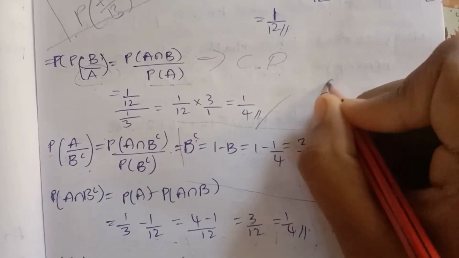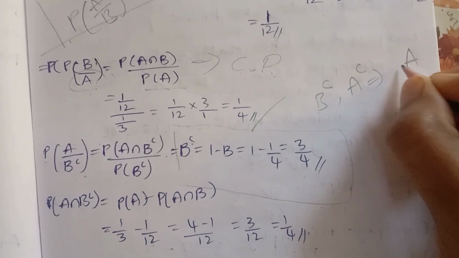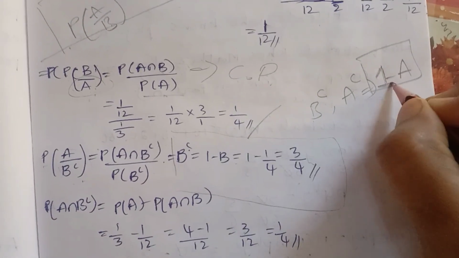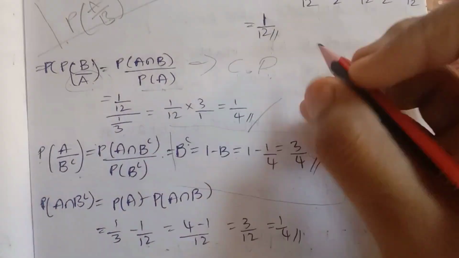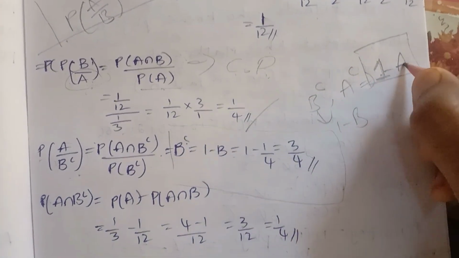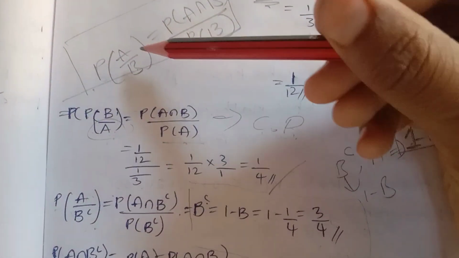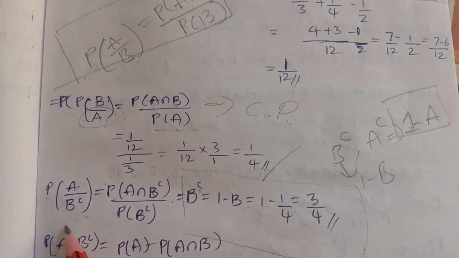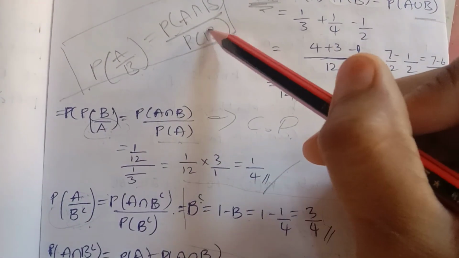For a complement like B complement or A complement, we subtract the actual term from 1. For B complement we write 1 minus P of B. For A complement we write 1 minus P of A. For A given B complement we write the intersection of A and B complement in the numerator and the probability of B complement in the denominator.